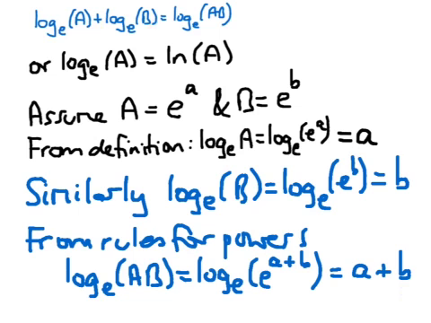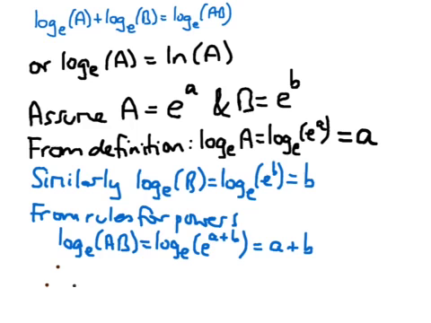Logarithm to the base e of capital B is little b, we've seen that here. And now we have seen that on the other side, logarithm to the base e of a times b is little a plus little b, so that is indeed the logarithm to the base e of capital A plus the logarithm to the base e of capital B. So we have proven this rule. So I'll just make a bit of room.